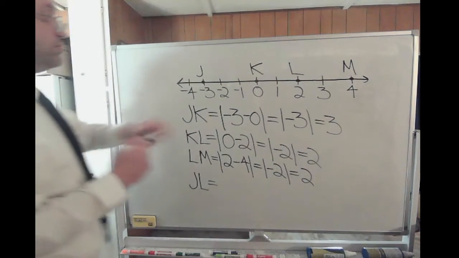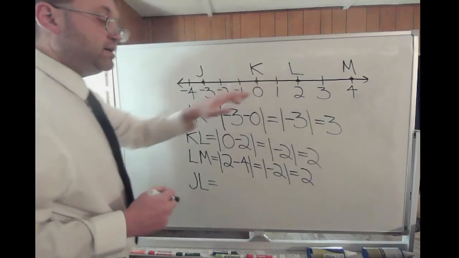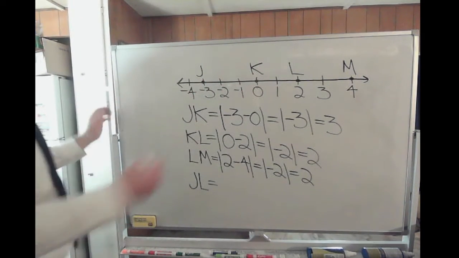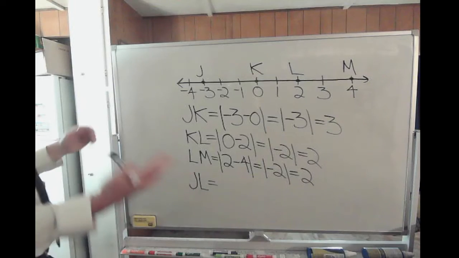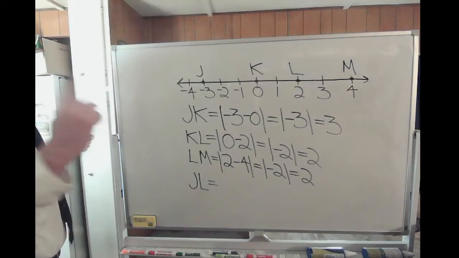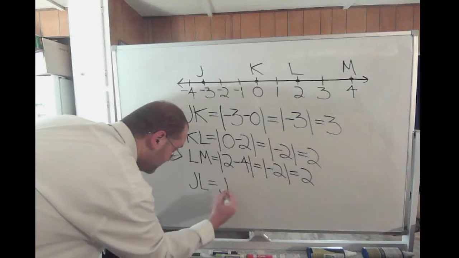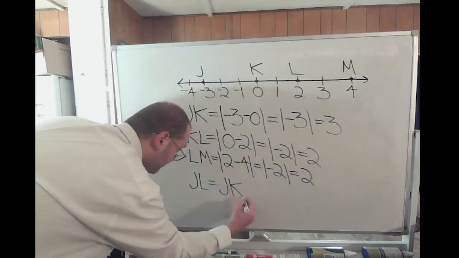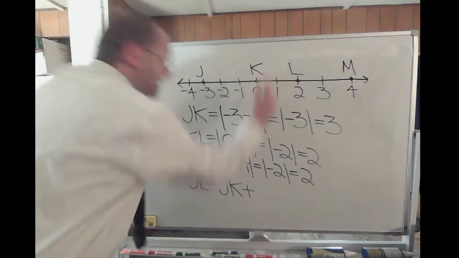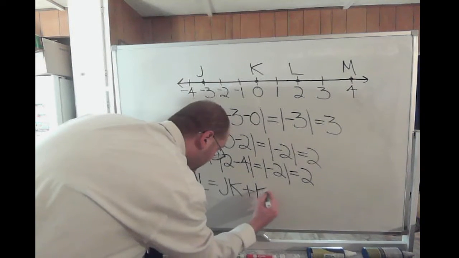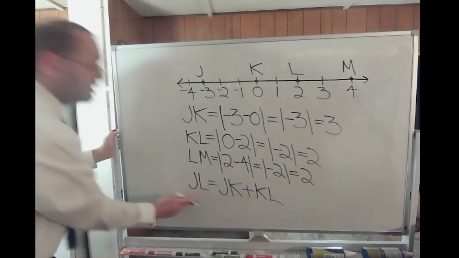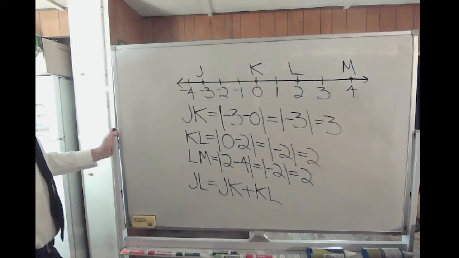Isn't it true that K is in the middle of JL? Well, it's not exactly in the middle, but it's in between J and L. That's what really matters. The idea of the segment addition postulate is that I could take the length of segment JK plus the length of segment KL, and that'll give me the length of JL.